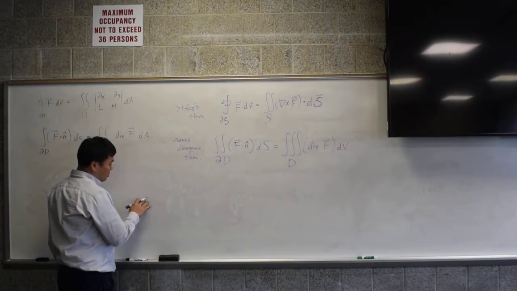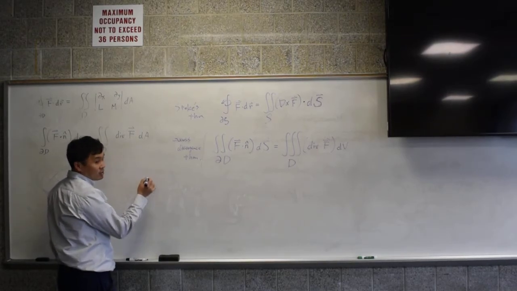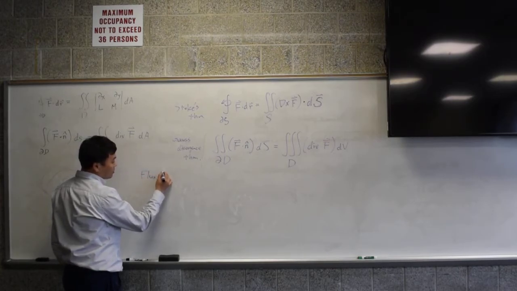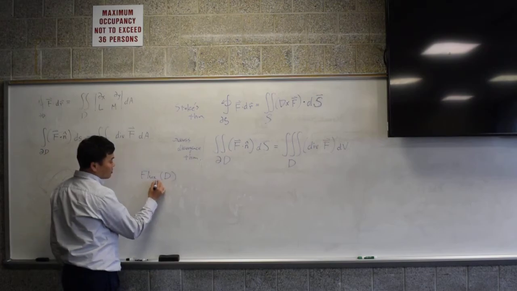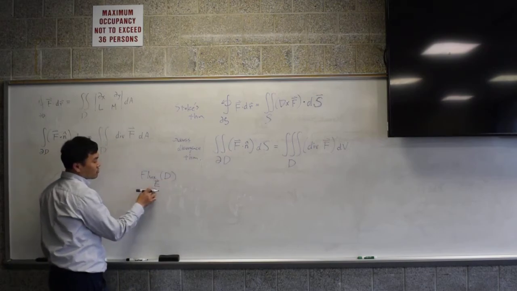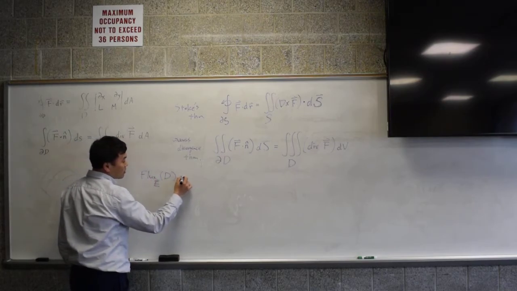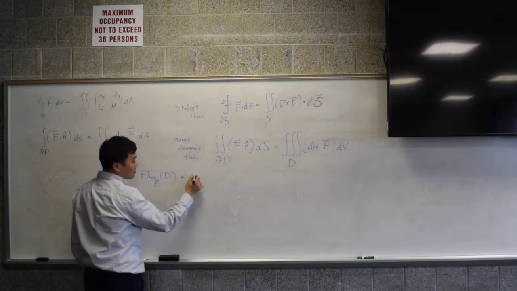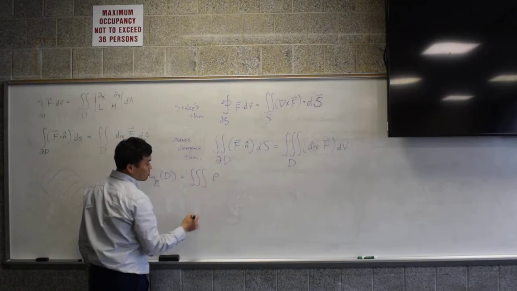So you learned in physics 2 the flux of the vector field, the electric field. So here's the electric field. The flux of the electric field over some domain D has to do with the total amount of charge enclosed.